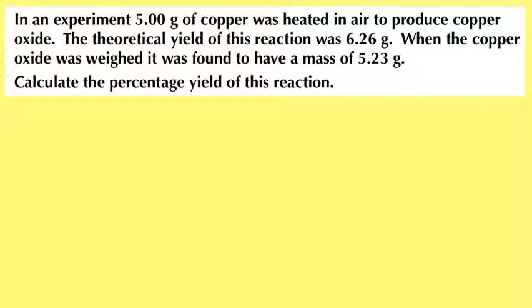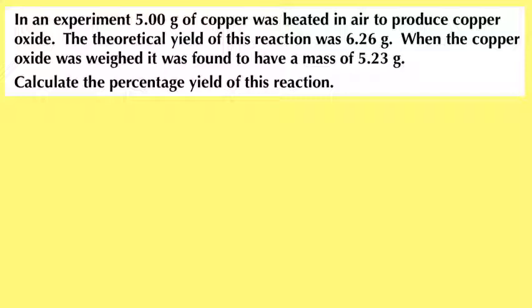So here we have an example calculation where we need to calculate a percentage yield, and we're doing an experiment. We've got 5.00 grams of copper, and we're heating that in air, i.e. oxygen, to produce copper oxide. Quite a simple experiment.